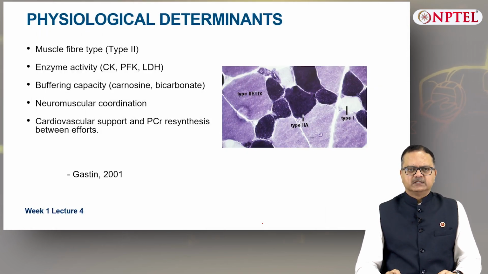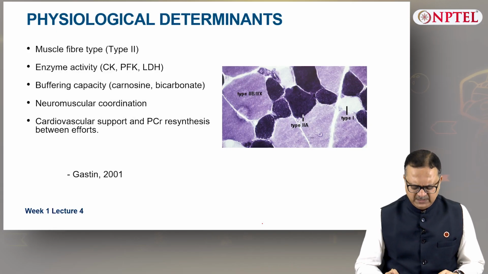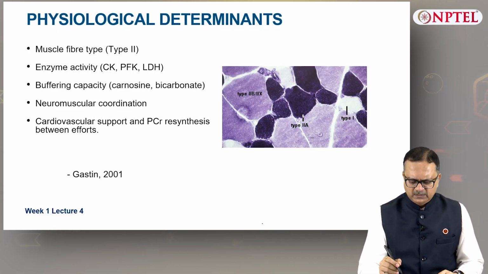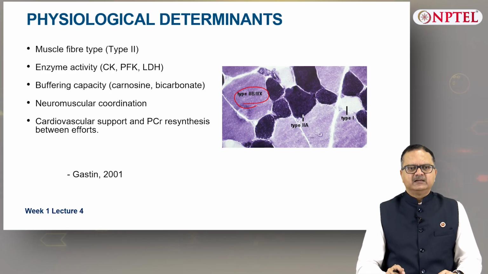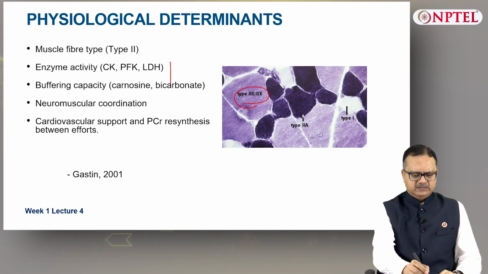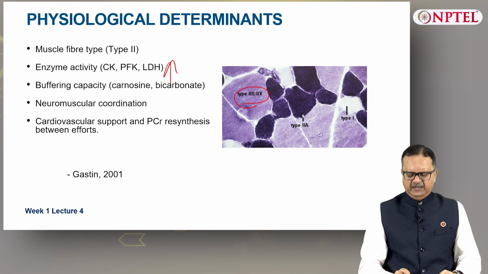There are some physiological determinants of anaerobic power. Number one is muscle fiber type. We know that type 2B and type 2X fibers are increased with anaerobic training. Enzyme activity, creatine kinase, phosphofructokinase, and lactate dehydrogenase increases with anaerobic training.